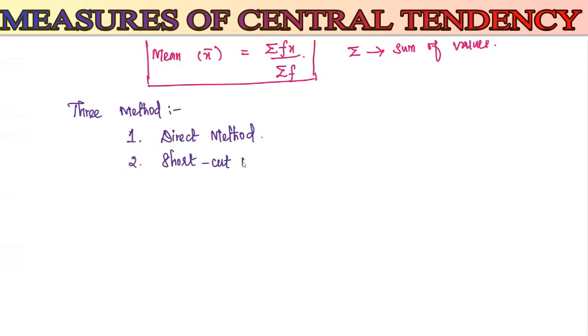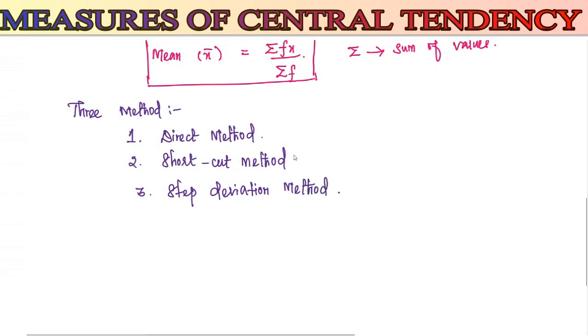And the third one, step deviation method. Here the direct method formula is x bar is equal to sigma fx divided by sigma f.